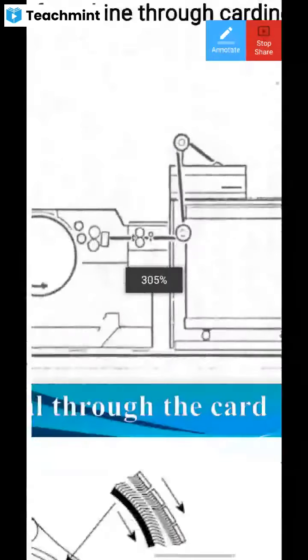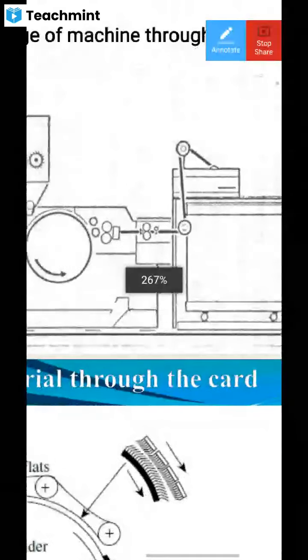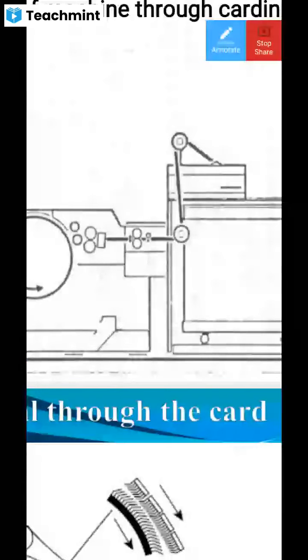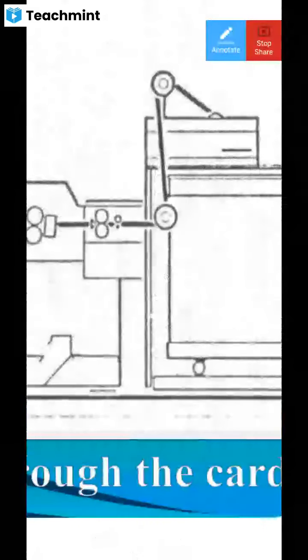You assume or calculate using reverse calculation. So that area is very interesting. Production, draft calculation, twist calculation, machinery balancing, everything comes under our syllabus. We will discuss later in the calculation part, which will take nearly 10 days.